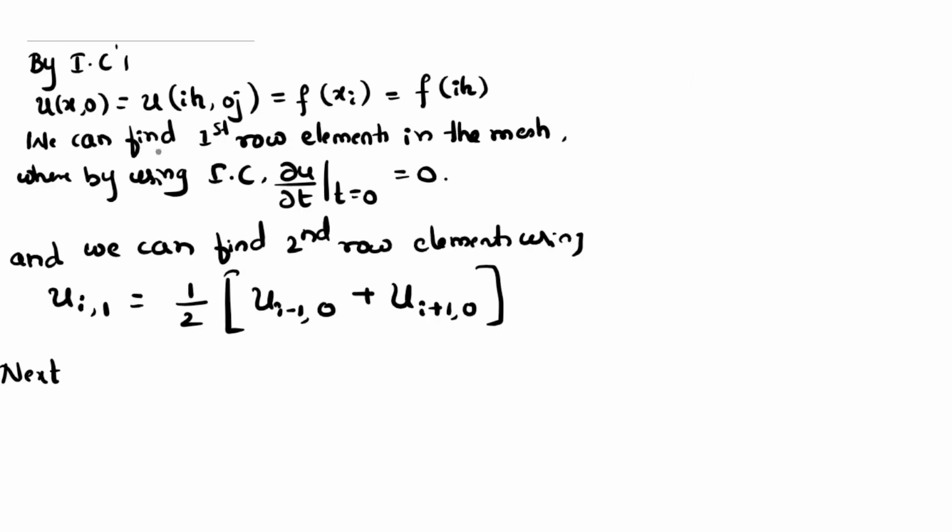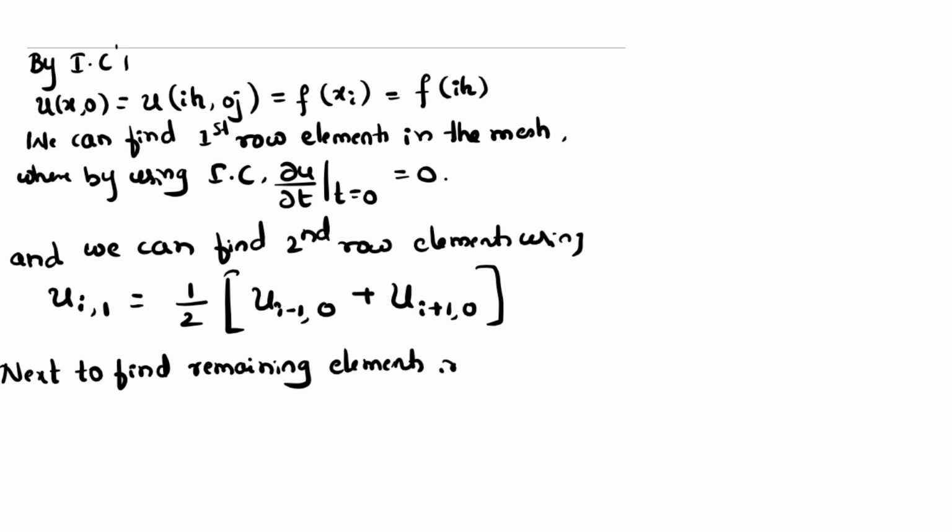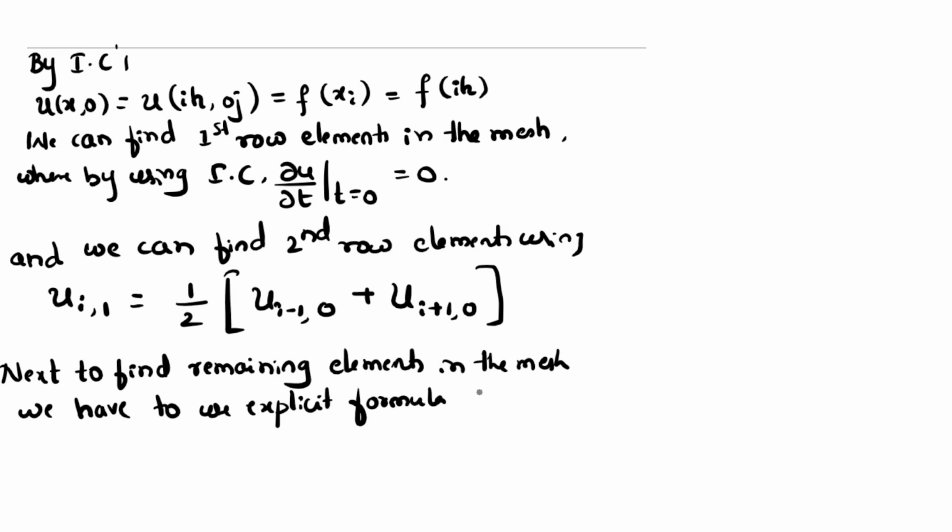So next, to find the remaining elements in the mesh, we have to use the explicit formula, that is equation 2.